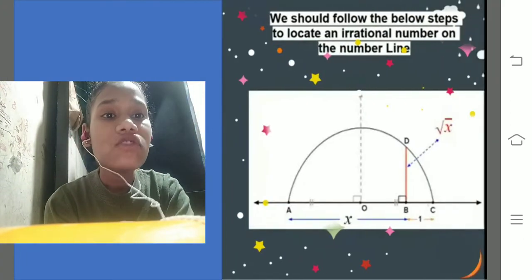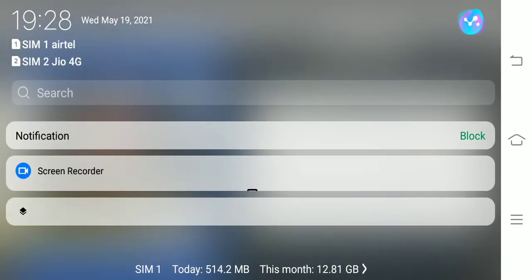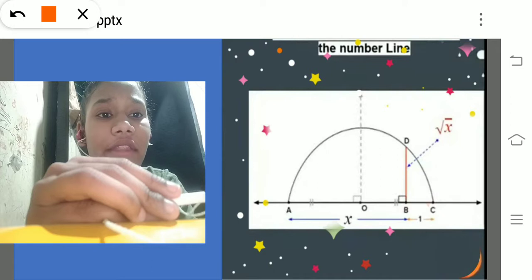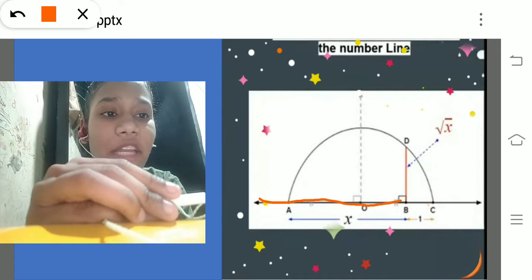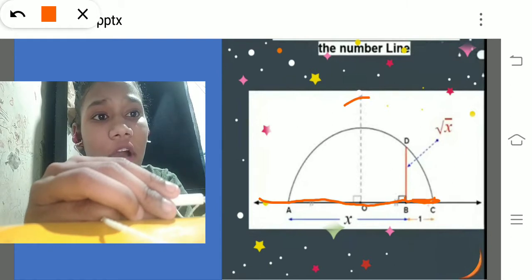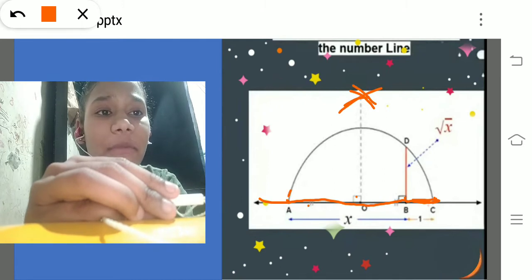The same thing that I have done with you is what we are getting here. First we have drawn the line from point A to point B, and then we drew a 1 centimeter line from point B to point C. Then we drew a perpendicular by measuring the same arc, putting the compass on points A and C, and then we drew a semicircle.